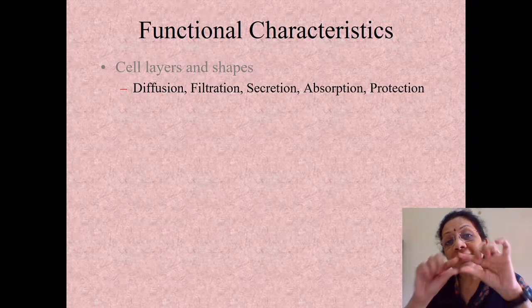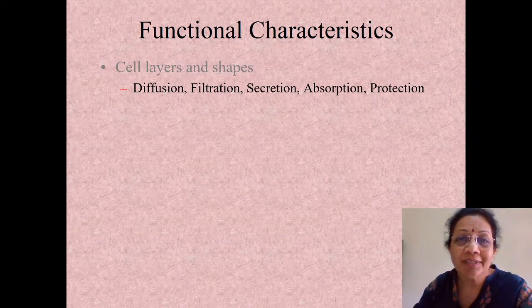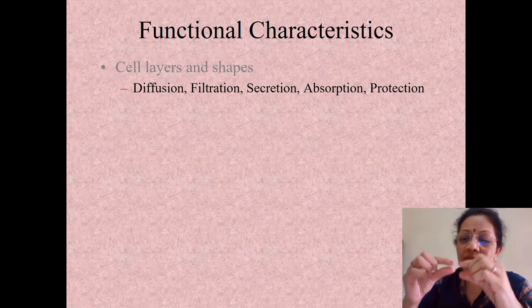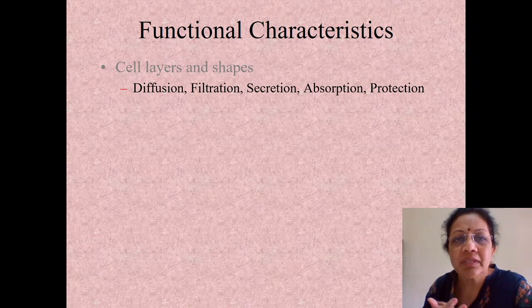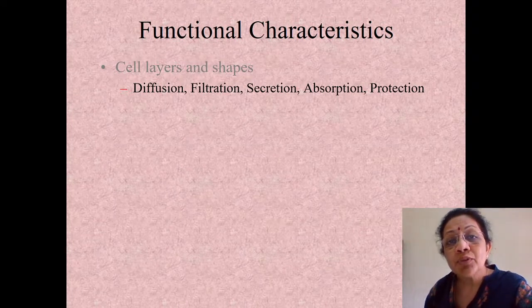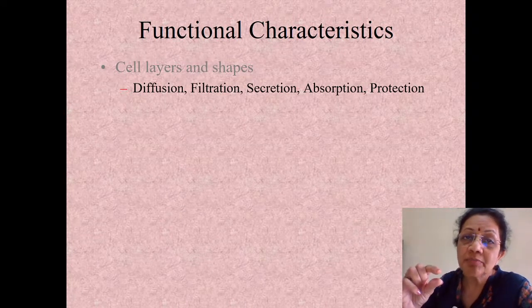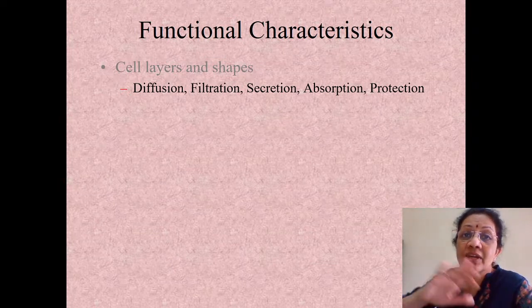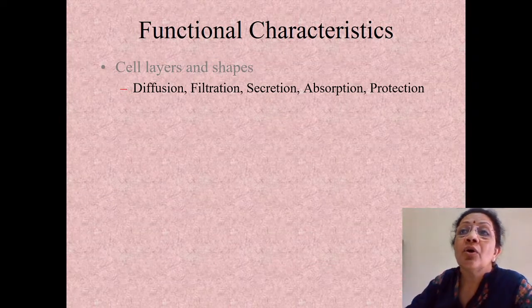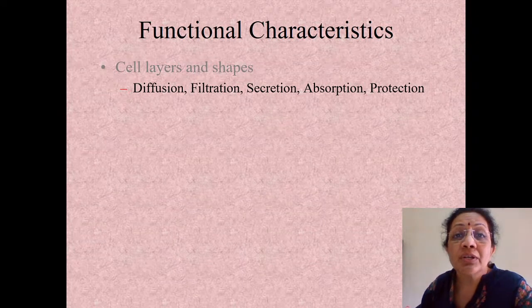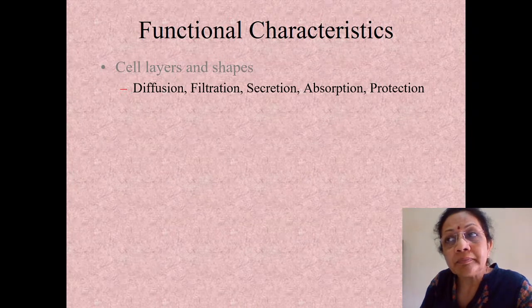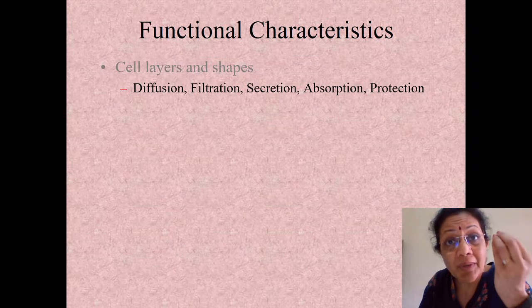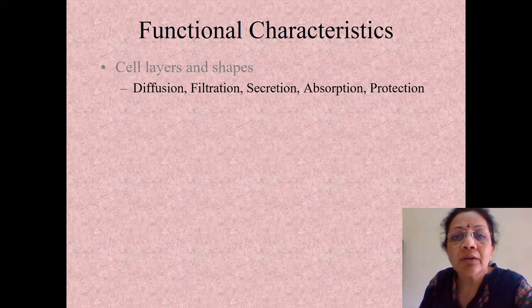For absorption, again, the thinnest possible layer is useful so that there is a minimum barrier for movement of molecules across a domain. Protection again requires a somewhat thickish sheet, but also requires characteristics such as keratinization or very, very tight intercellular junctions so that it doesn't permit any protein or molecule or living thing, virus, bacterial, fungal movements across.